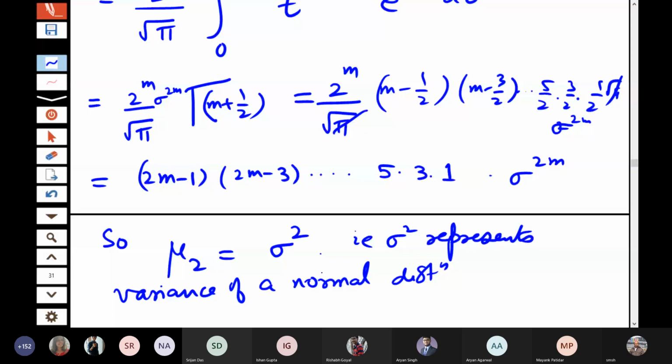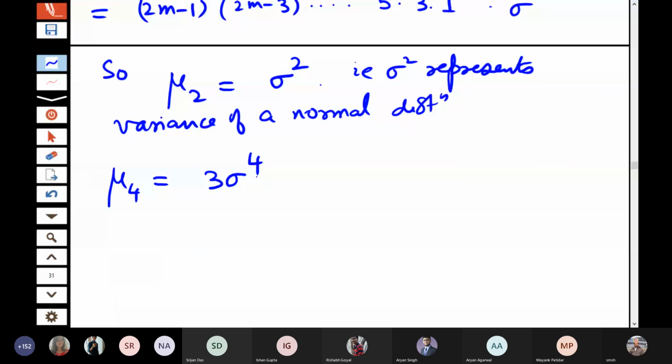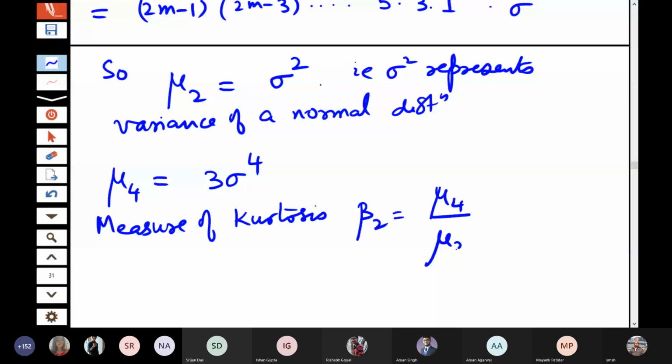Let us look at the fourth central moment here. So mu 4 becomes 3 sigma to the power 4. So if I look at the measure of kurtosis, that is beta 2, that is mu 4 by mu 2 square minus 3, that becomes 0.